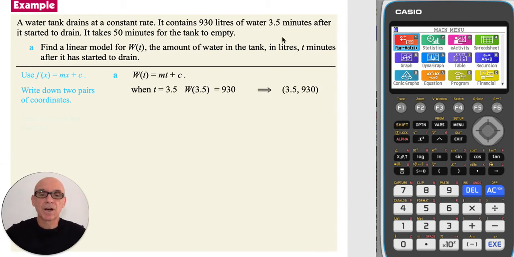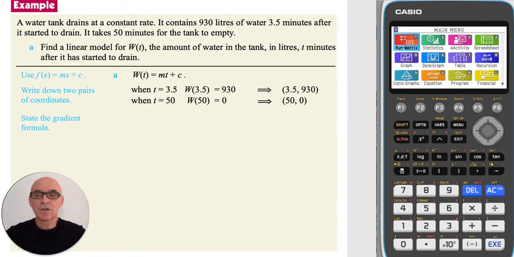We're told that after 3.5 minutes, there's 930 litres of water left in the tank. So the first pair of coordinates is 3.5, 930. And after 50 minutes, the tank is emptied, so the second pair of coordinates is 50, 0.